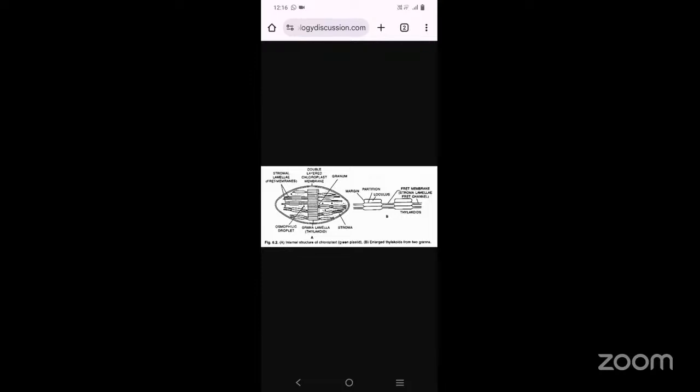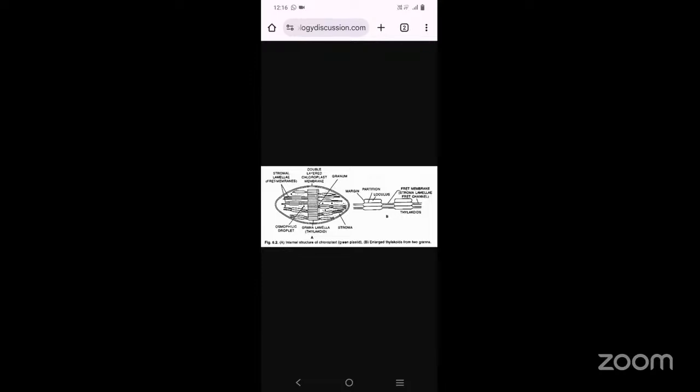The bacterial chlorophylls A, B and G, and the chlorobium chlorophyll, that is the bacterioviridin. These are involved in the photosynthesis.